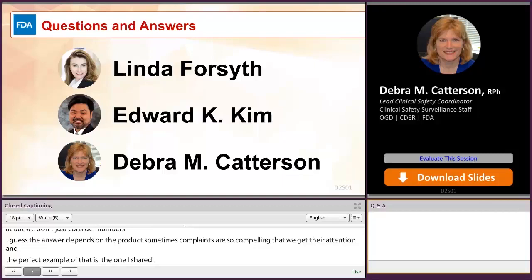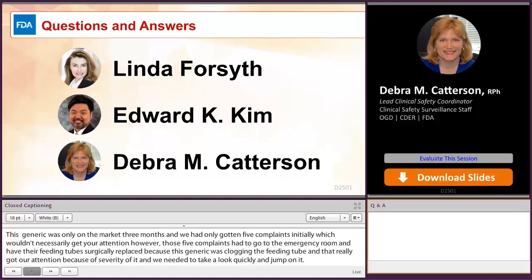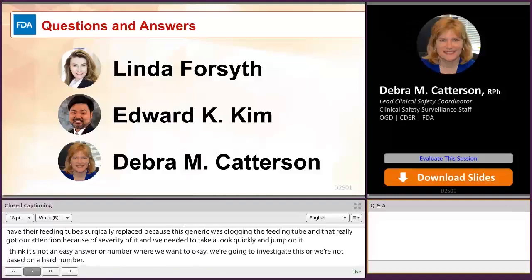So it's not an easy answer to say there's a definitive number where we're going to investigate this or not based on a hard number. We're really looking at the narratives in the MedWatch complaints, and we're looking at the severity of the adverse event. Were folks hospitalized?